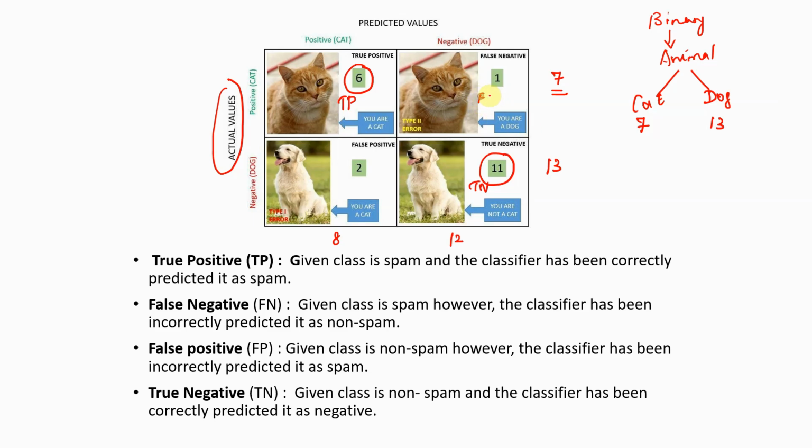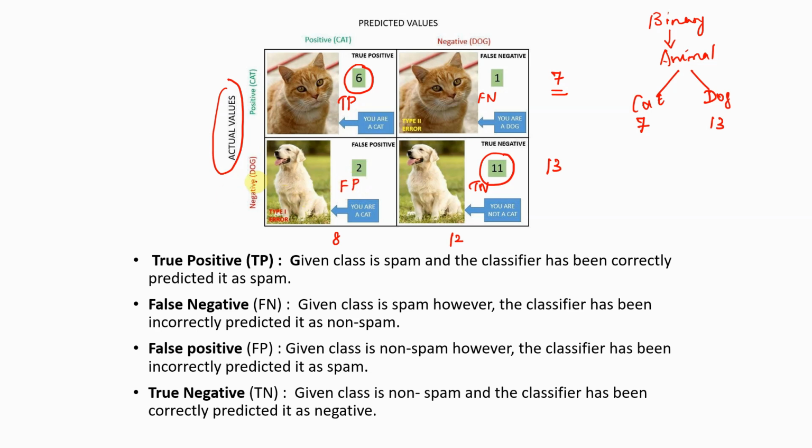That is called a false negative, otherwise called a type 2 error. And in this case it is actually a dog, but unfortunately the machine predicted it is a cat. So it is called a false positive.